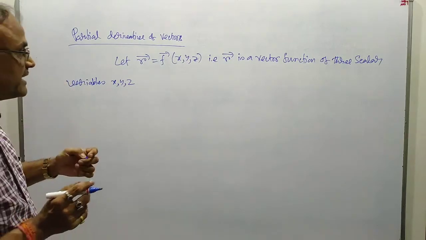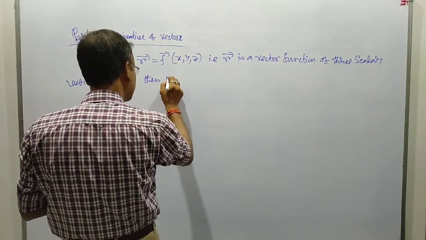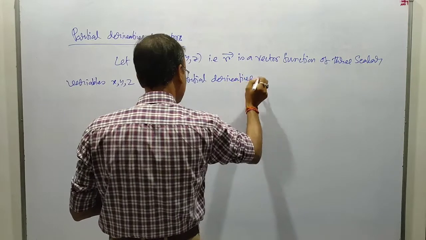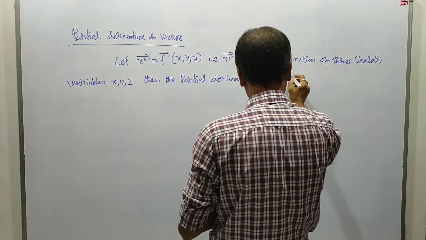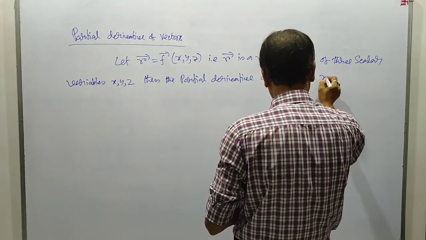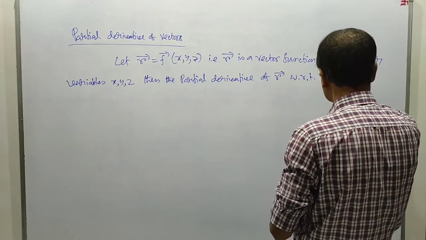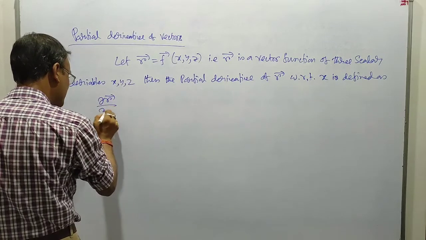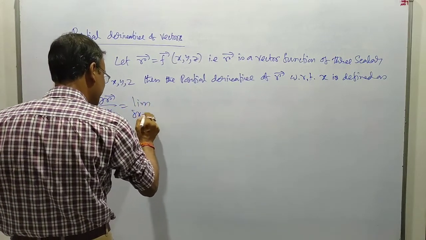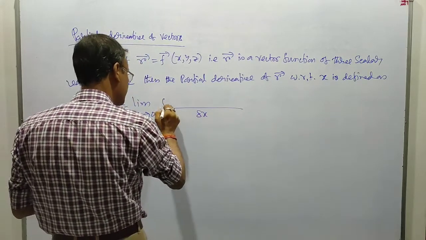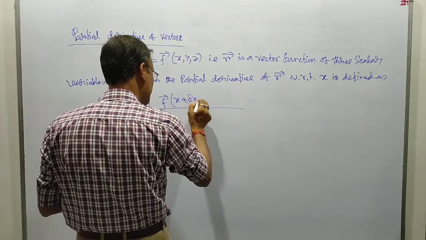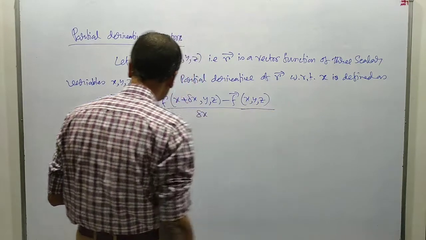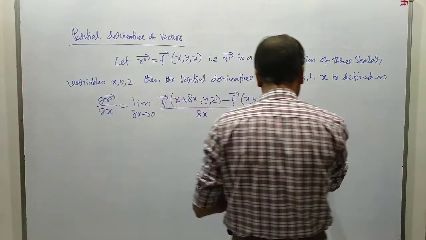Then the partial derivative of the vector R with respect to x is defined as: delta R vector by delta x equals the limit as delta x tends to 0 of R vector at (x plus delta x, y, z) minus R vector at (x, y, z), divided by delta x, if the limit exists.